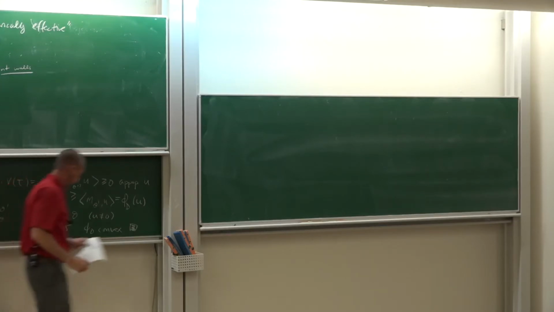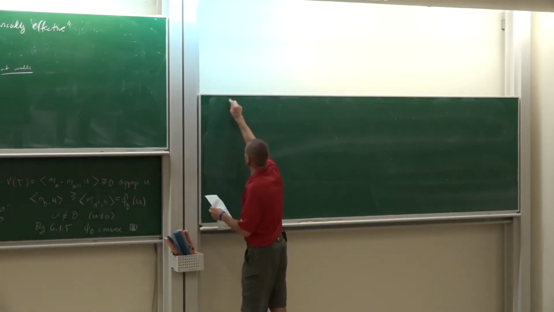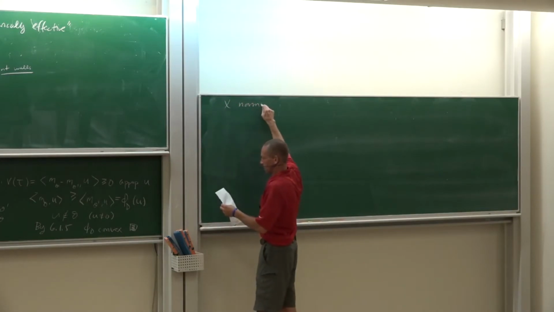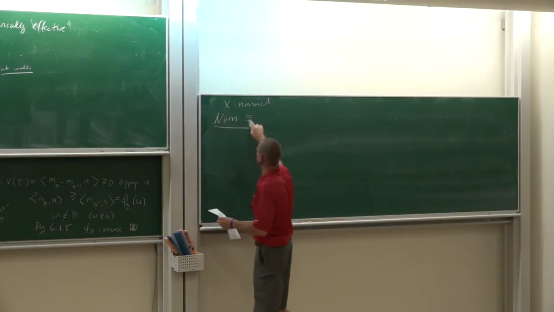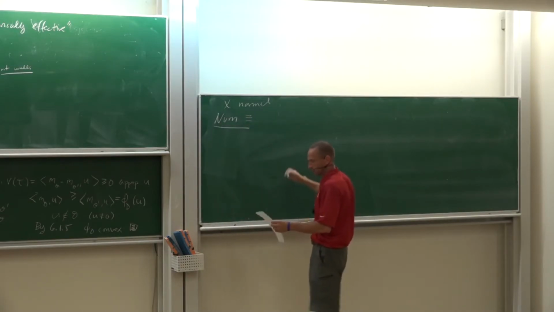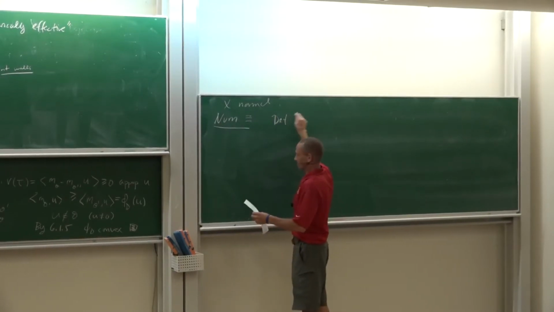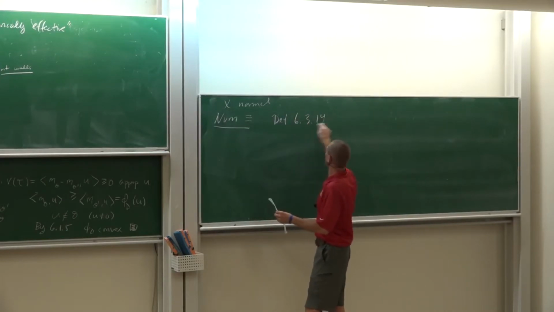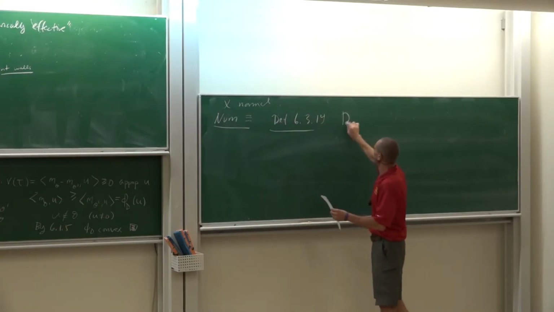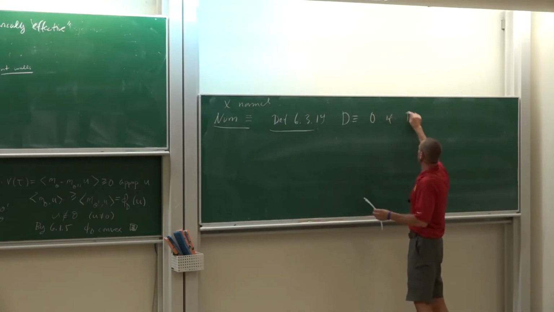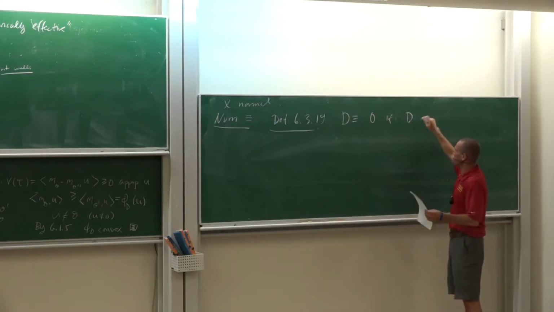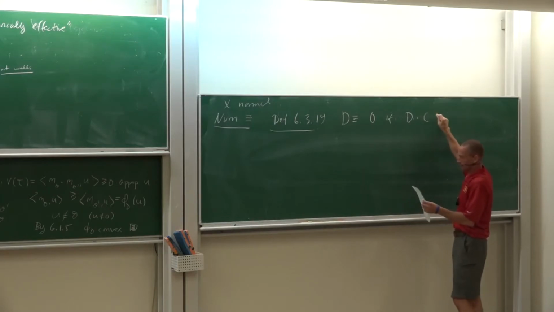So numerical equivalence, some definitions. I'm going to use this symbol for equivalence in the interest of brevity. A divisor is numerically equivalent to 0 if whenever I nail C with it, I get 0.